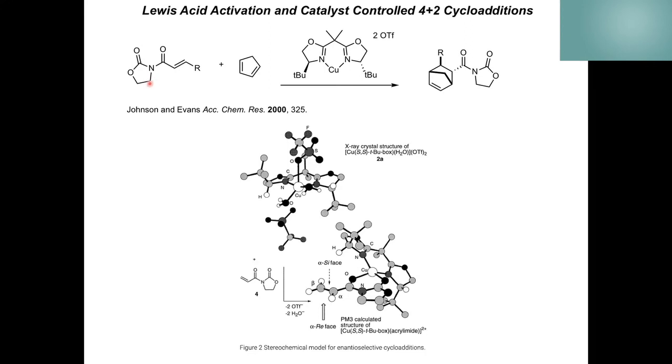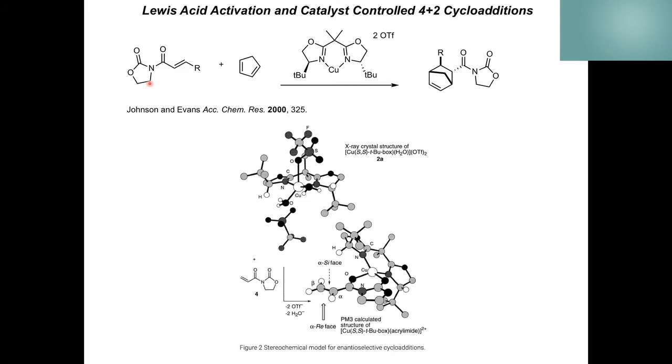This was a really important advancement that was made by the group of Dave Evans in enantioselective aldol chemistry, and a really important step forward in the field of asymmetric enantioselective reactions.